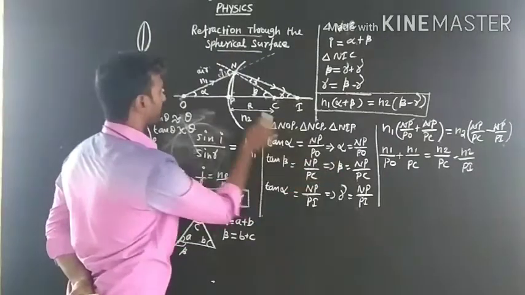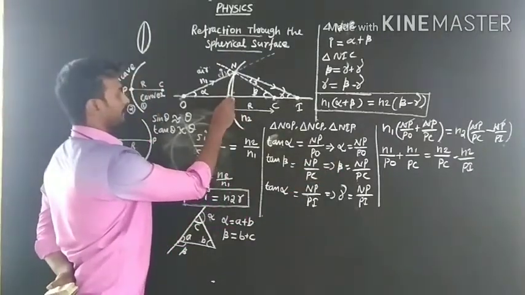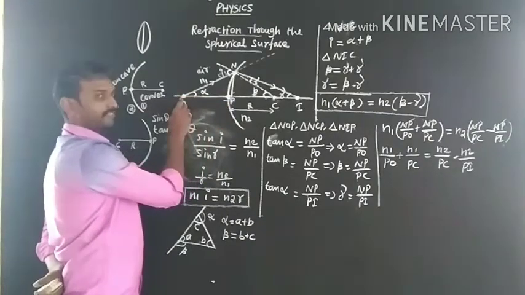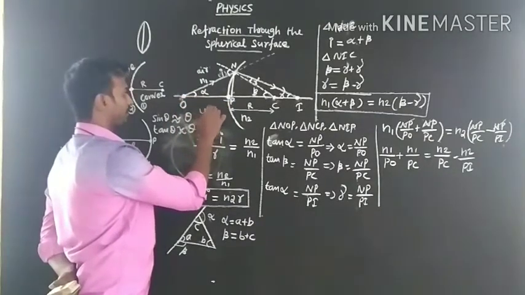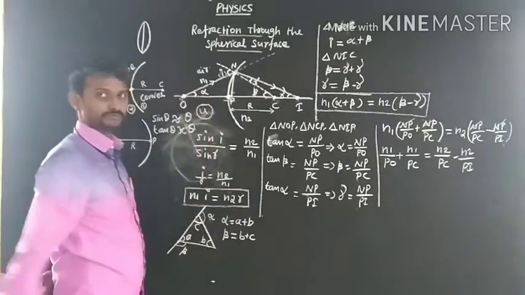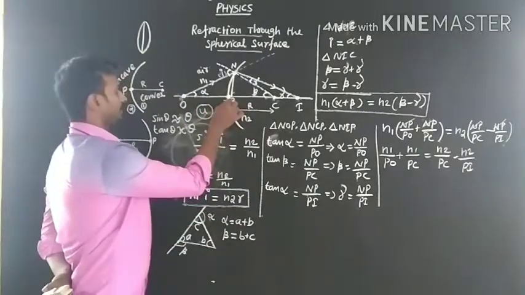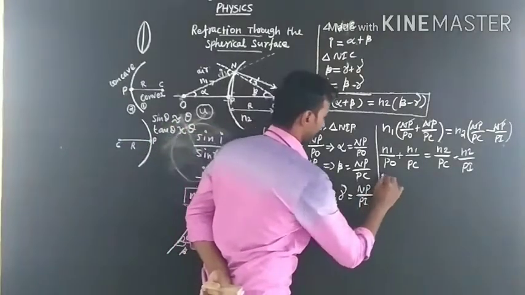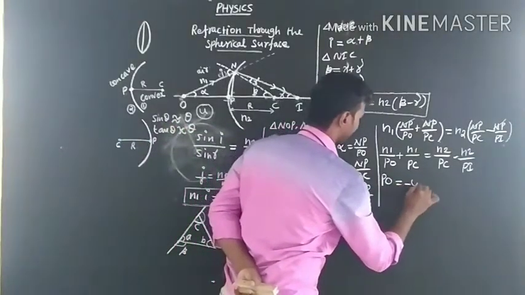The value of PO is measured from the pole of the spherical surface to the left, and this is the position of the object. The letter adopted for the position of an object is u. Here PO is on the left-hand side, therefore according to the sign convention PO equals minus u.